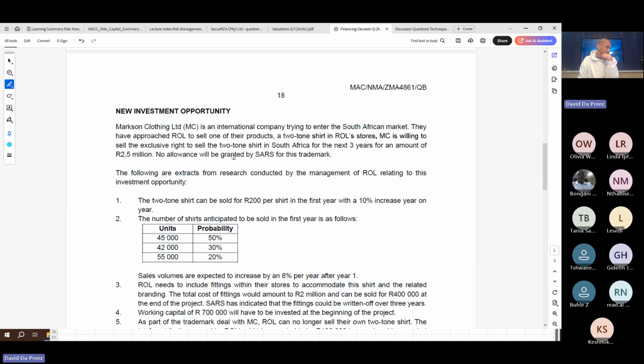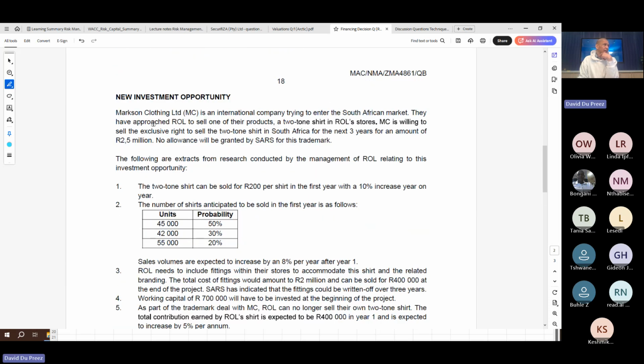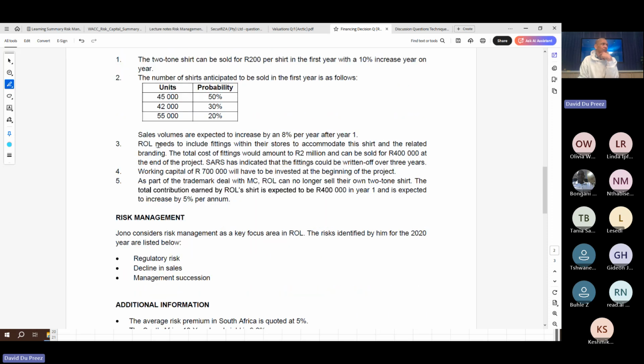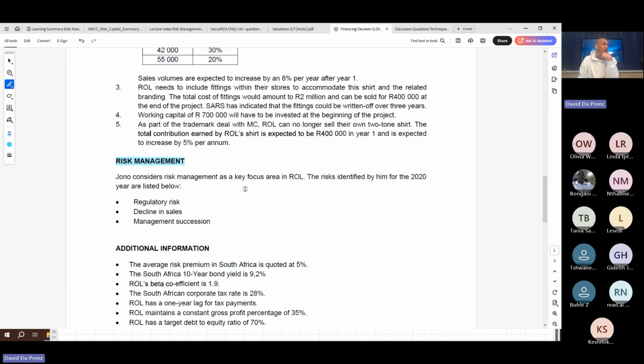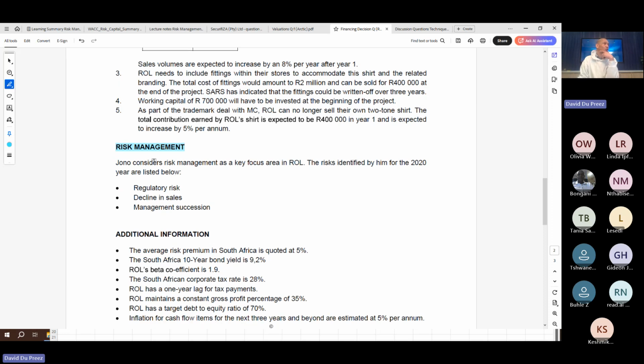Then they say there's a new investment opportunity, they give you investment opportunities, then they speak about risk management. I'm expecting this is where the information will be. Jono considers risk management as a key focus area, and the risks identified by him are listed here below.